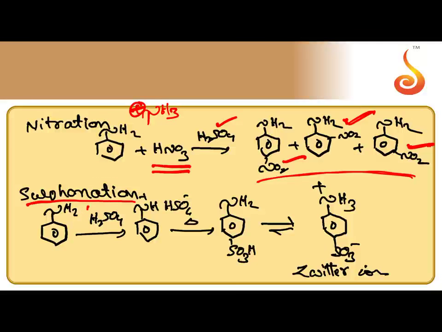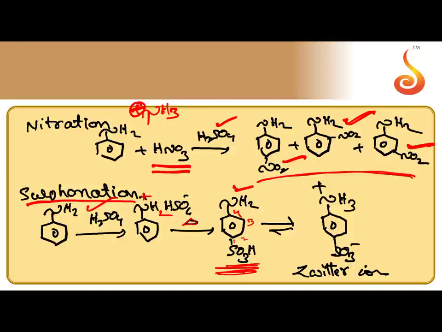Now sulfonation. When aniline is reacted with sulfuric acid, first a salt is obtained, anilinium hydrogen sulfate. On heating, anilinium hydrogen sulfate is converted into para-aminobenzene sulfonic acid, or 4-aminobenzene sulfonic acid.